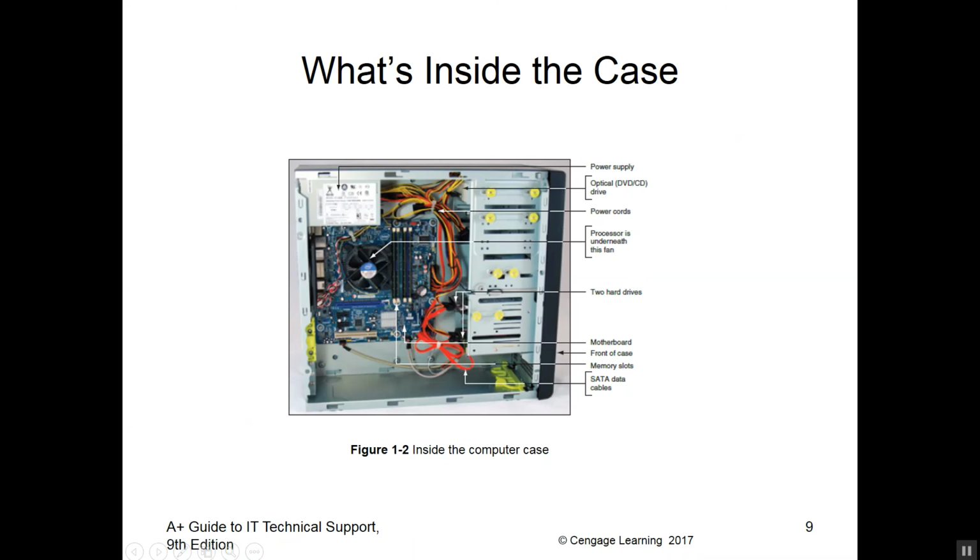Now the system case itself, when we look at it, you can see the power supply, optical DVD. So an optical drive is a CD or DVD drive. We've got power cords.